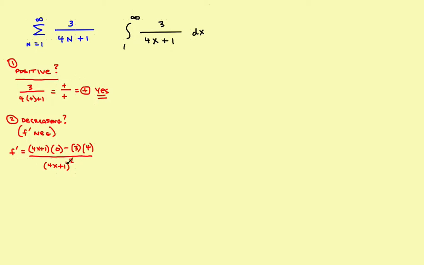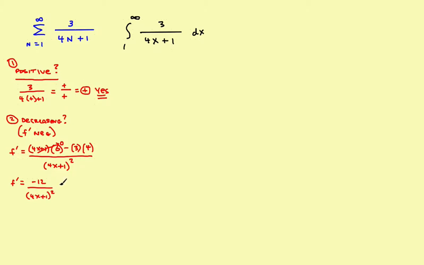Now what this is going to be, this entire thing, 0 times anything will all go to 0. Minus 3 times 4, you'll have a negative 12 in the numerator. And then in the denominator, you'd have (4x plus 1) squared.